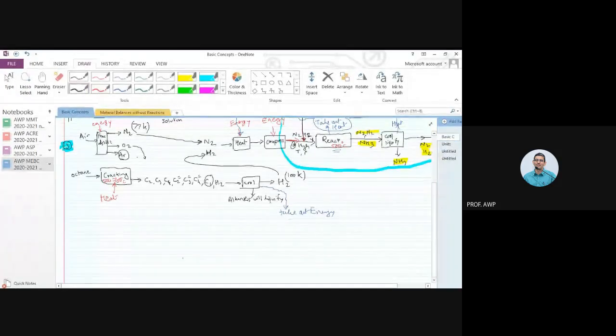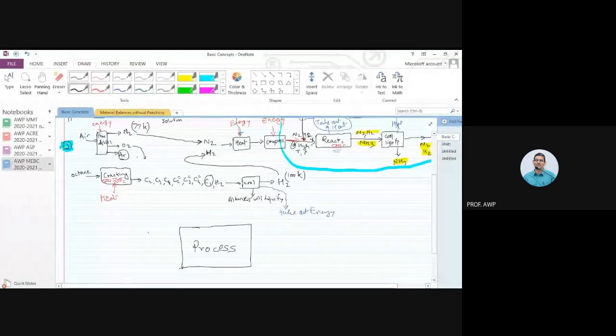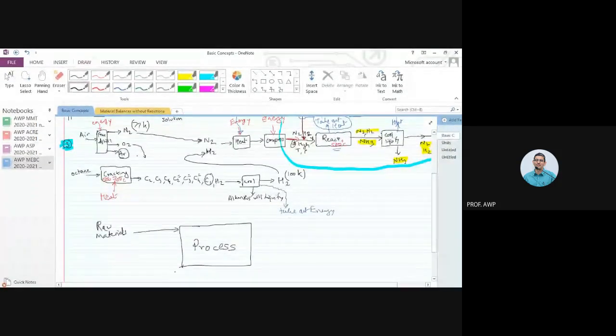So our process in general, I can represent it like this. There is a process. We need some raw materials. We need energy.